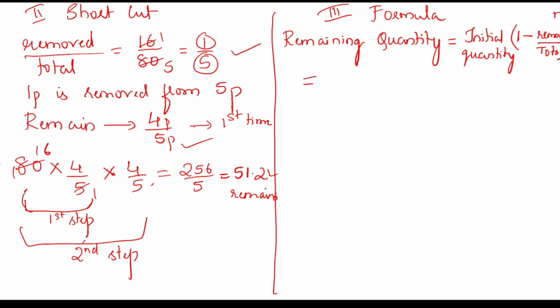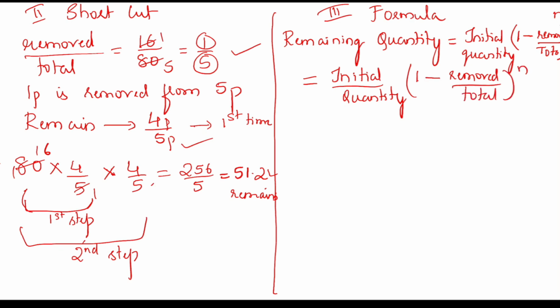We'll write it once more here: remaining quantity is equal to initial quantity into 1 minus removed quantity divided by total, the whole raised to n, where n is the number of times the process is repeated.